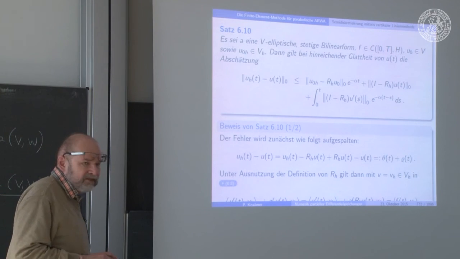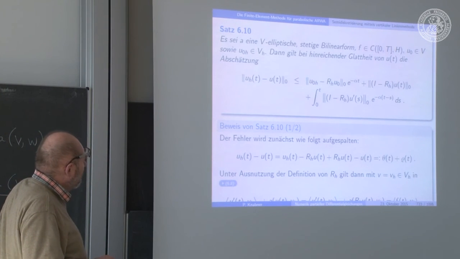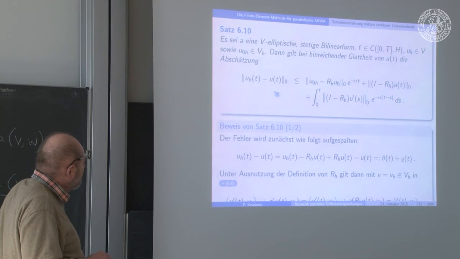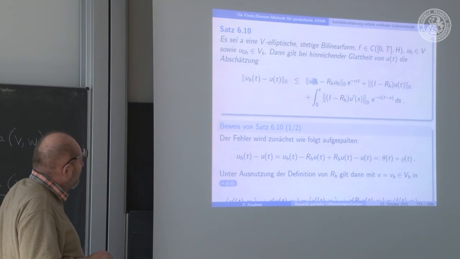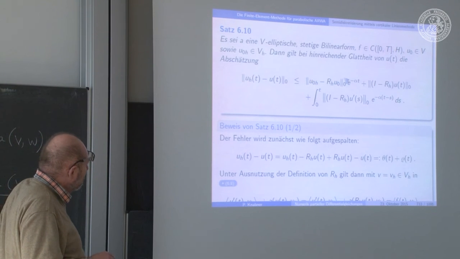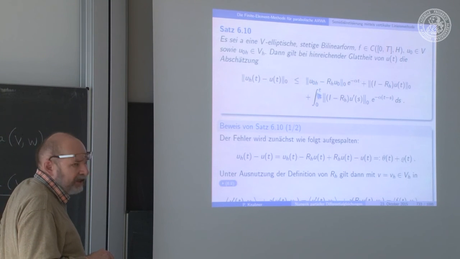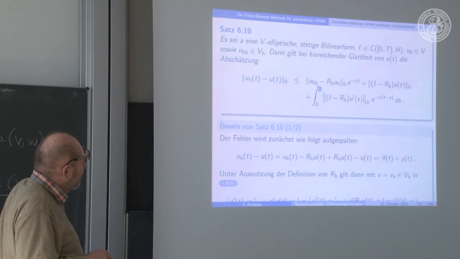It's very similar to the stability statement which we have seen for the continuous problem, namely this deviation can be bounded by three terms. The first one reflects the influence of the approximation of the initial data. So the U0H is the one which we use in the definition of the finite element method.